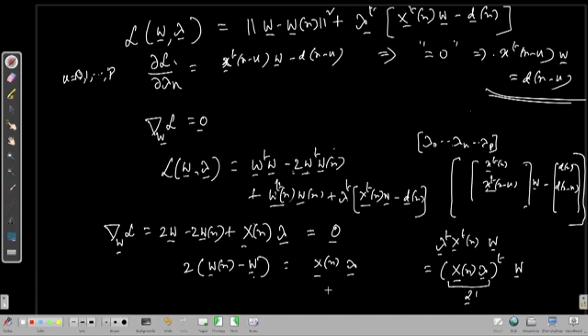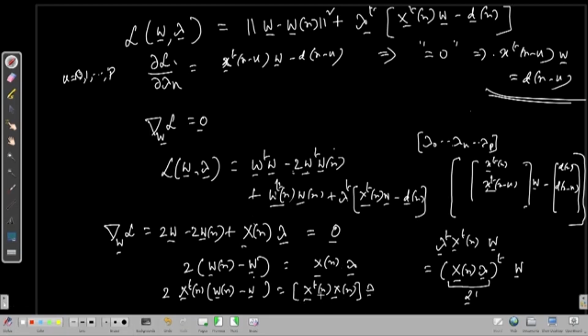Now, if I pre-multiply both sides by x transpose n, that is twice, 2 remains the same, so 2 is just kept in the front, then x transpose n times this vector, here also x transpose n, x n lambda.